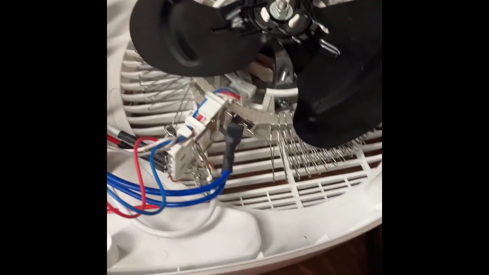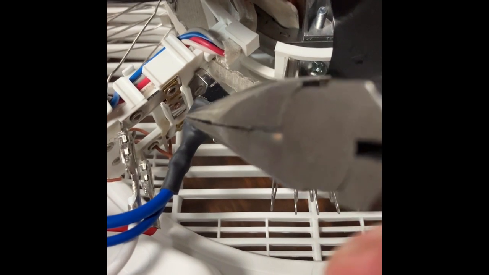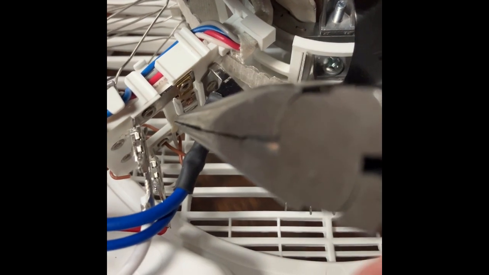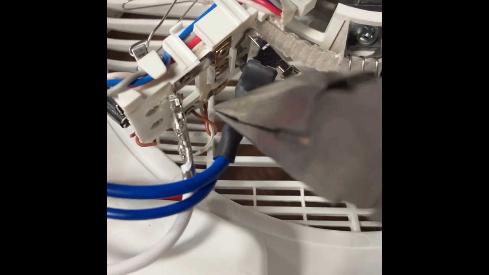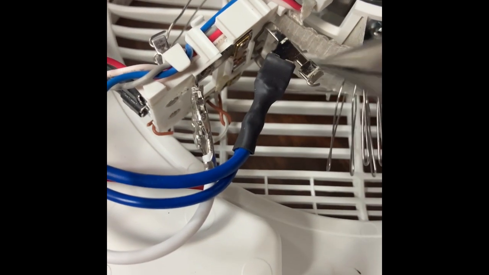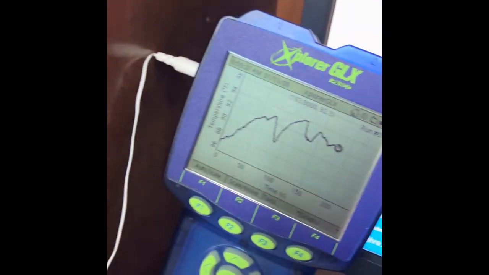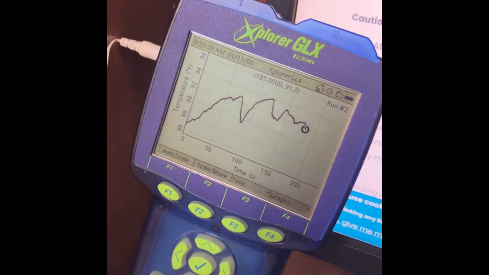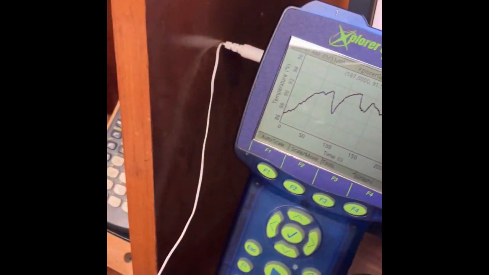Okay, so let us point out this, I believe, is the over temperature, and that is a temperature probe that goes to here. So my thought is I'm going to close it up, put it in the box.